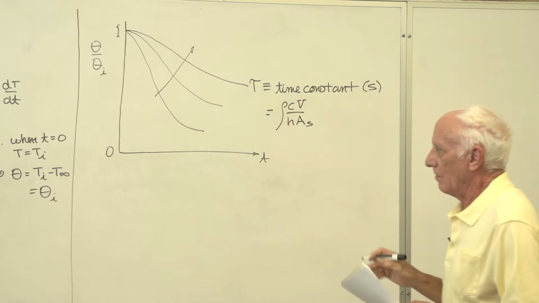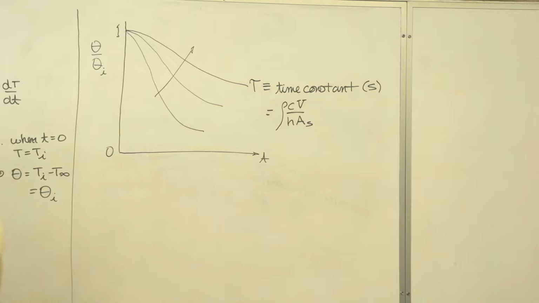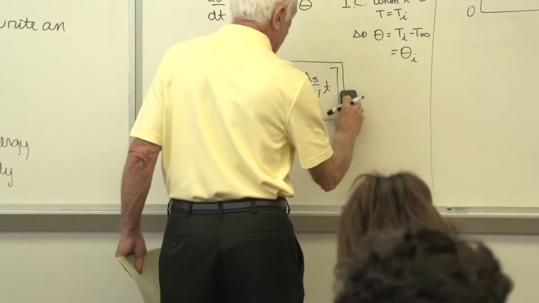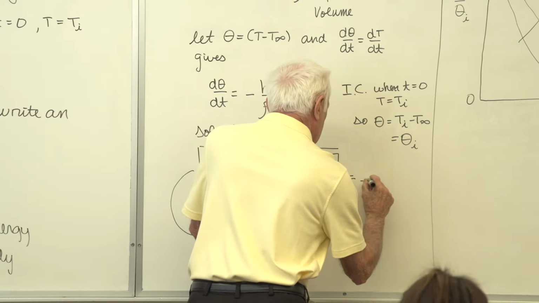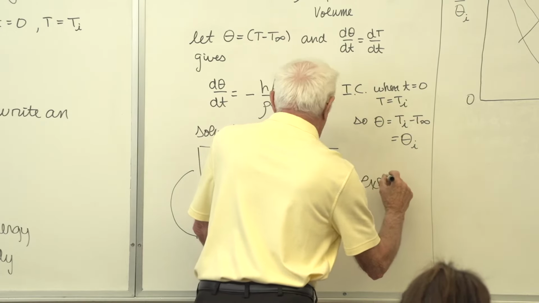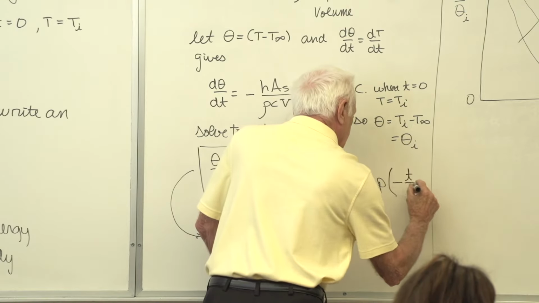It's rho c V over h A_s. So if you want, I'll just add this to it. You might want to express this as the simplified form, exp of minus t over tau.